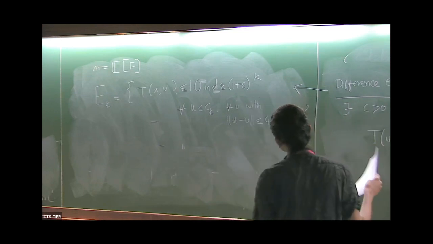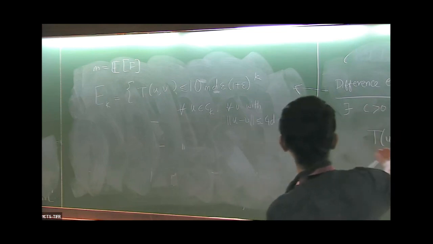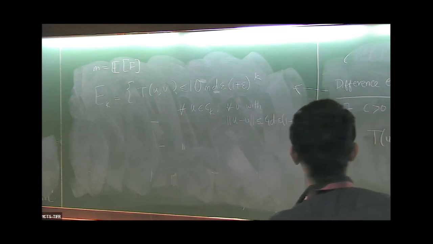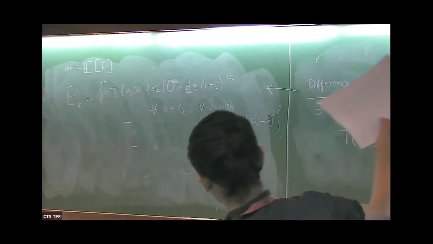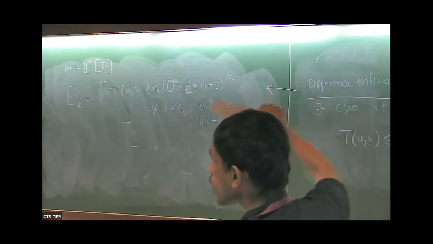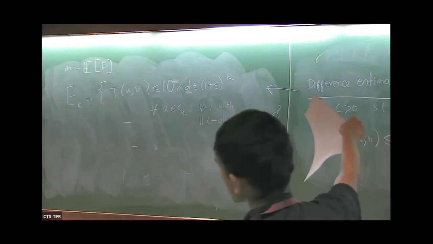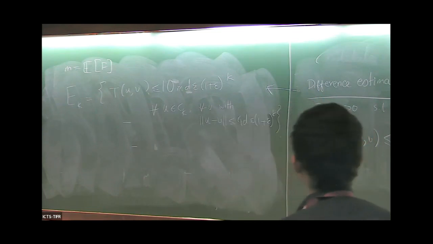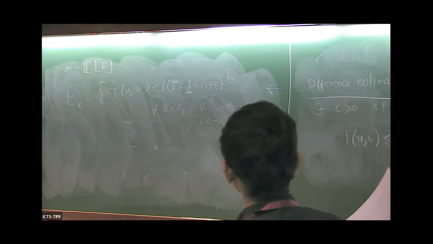So remember what we're trying to do? We're trying to prove the difference estimate for a net, and my net is C_k. So I'm going to take all points in C_k and all points V that are close enough to U, in the sense that V minus U would be of the order of epsilon times 1 plus epsilon to the k.